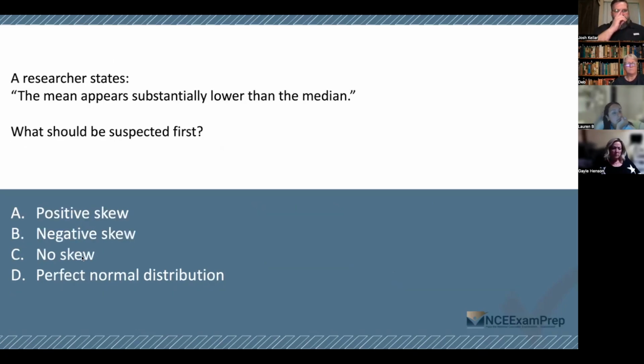I think we got two more here. A researcher states the mean appears substantially lower than the median. What should be suspected first? Positive skew, negative skew, no skew, or a perfect normal distribution?